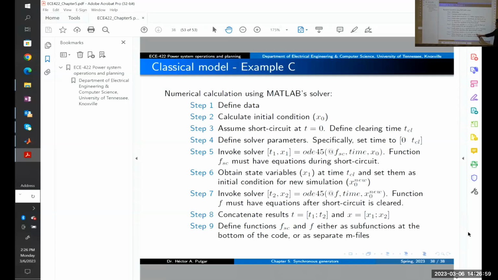The same thing for the state variable, and the result will be in T and X. As I said before, these two functions, during the short circuit and after the fault is clear, need to be defined as a subfunction. Yeah, so we will work on that.